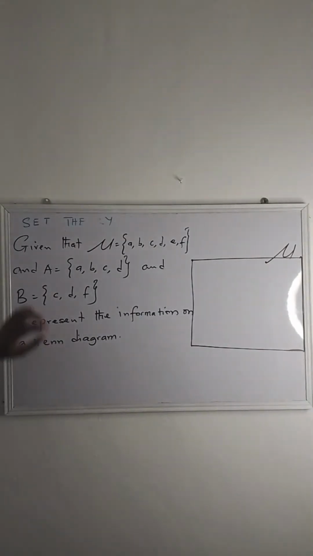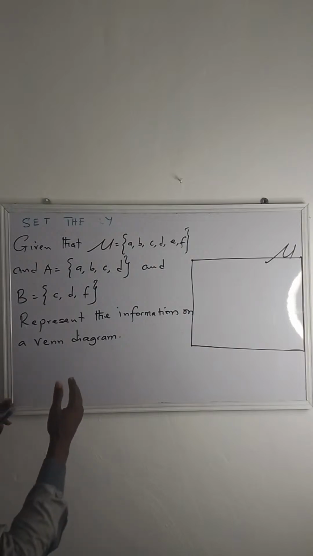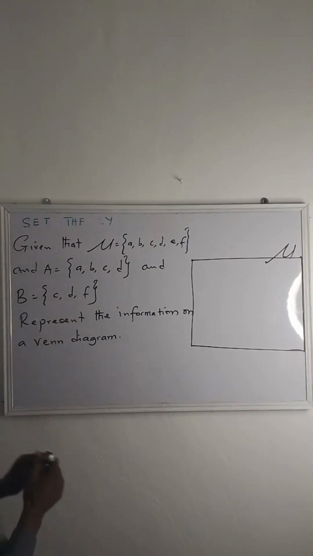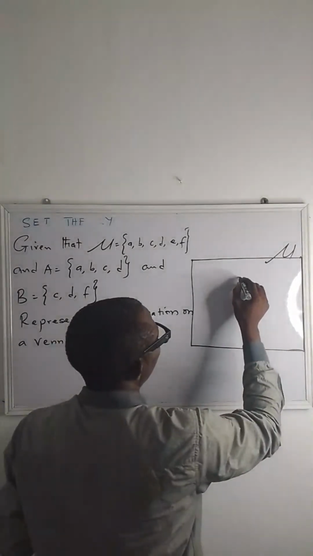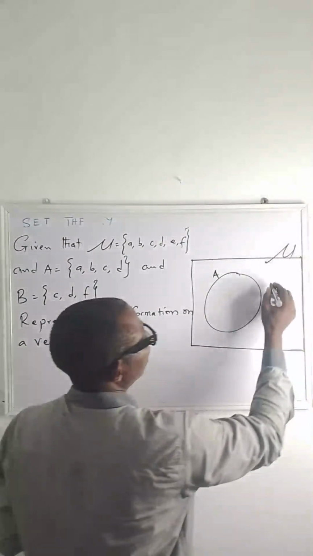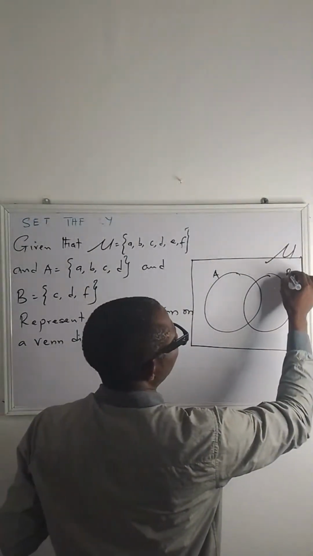But before I draw that, I have to look at the sets given. Do we have any element that is in A and is also in B? If that is true, then the circles have to overlap. Now look at it. I can see C here and C is also here. So see the way I'm going to draw the circles: this will be the set of A and this set of B.